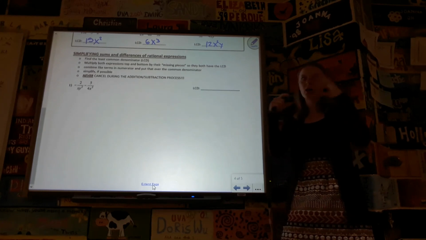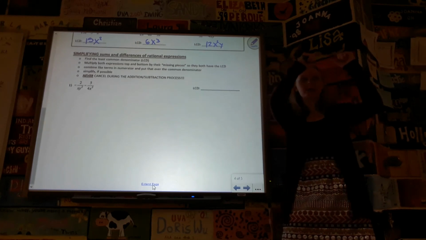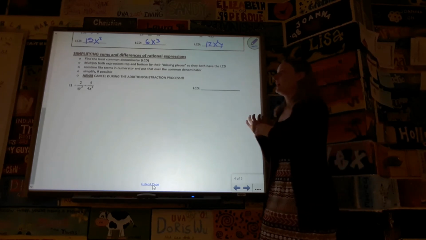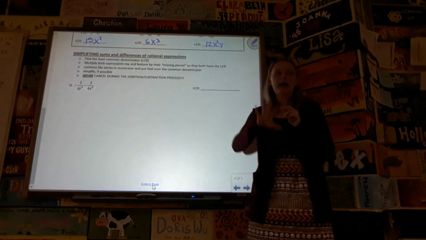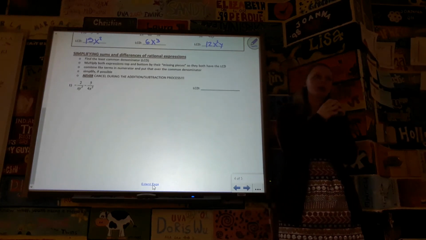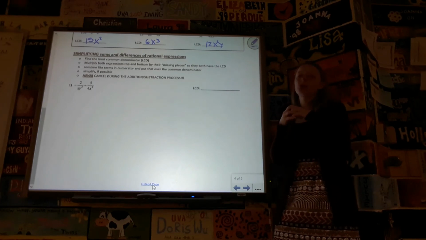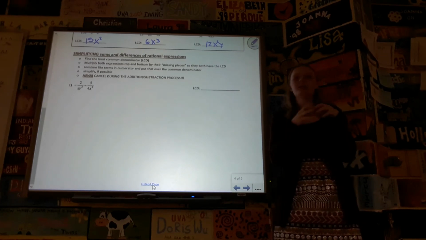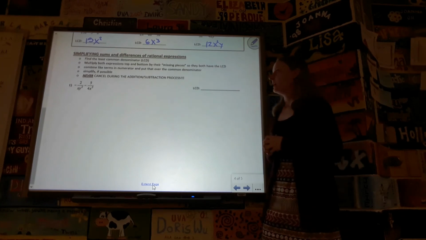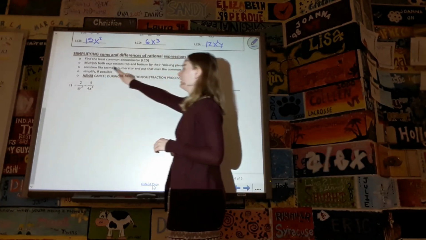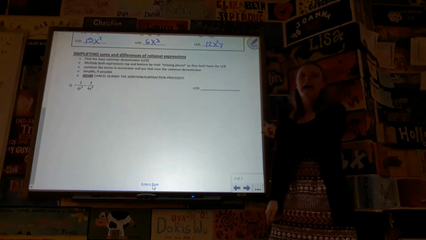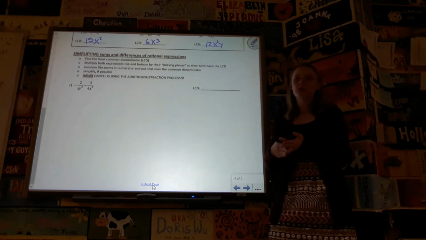So once you have the common denominator set up, then your focus is now going to be on the numerator. Again, you're going to combine everything that you can. And then only after you have one fraction, after you combine the two with addition or subtraction, should you try to simplify. Oftentimes you won't be able to do anything after you add or subtract, but if you can simplify, you would. Never, ever cancel anything during the actual addition or subtraction process.